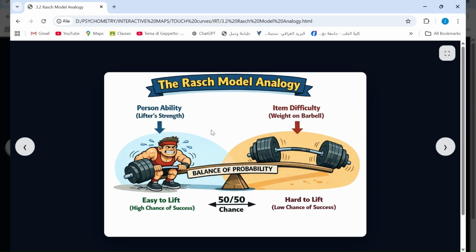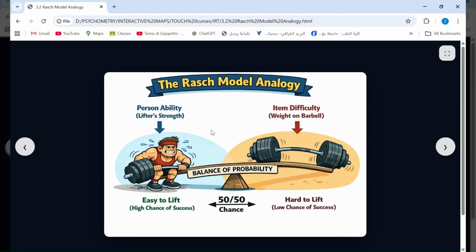Now, what are the chances of him succeeding? The chance of success in elevating the barbell? The chances clearly will depend on two things: on the person's ability, which is here the lifter's strength, let's say, and on the weight of the barbell, which is similar to item difficulty.